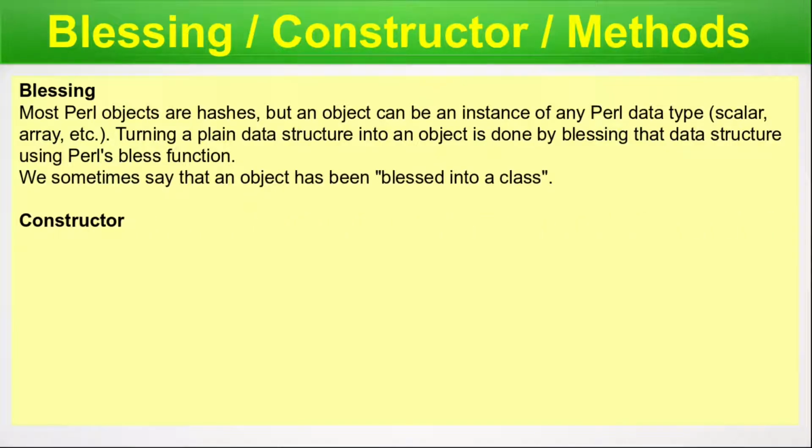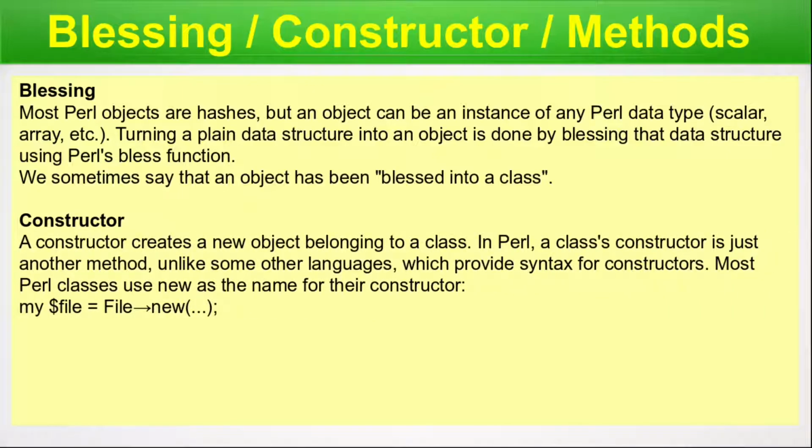So the constructor. Now a constructor is a particular thing that creates an object. Constructor means it constructs the object, okay, and we'll show by an explicit example how the object is constructed. It is typically my file equal to file, then arrow, then new. This is the typical Perl syntax for creating an object with a constructor, okay.